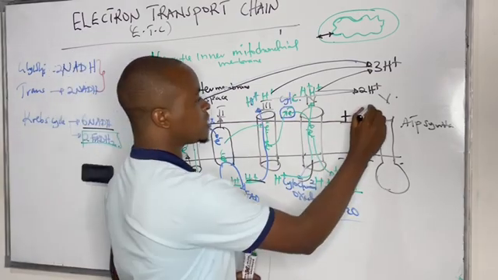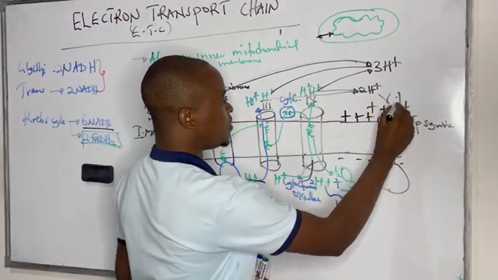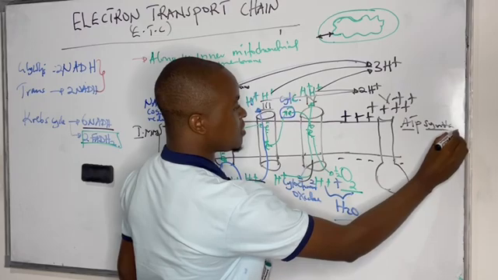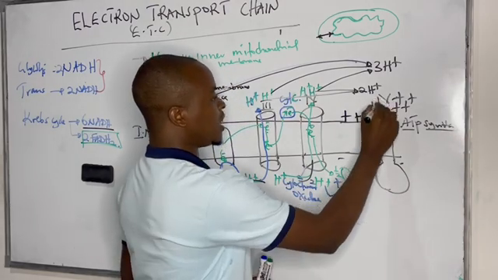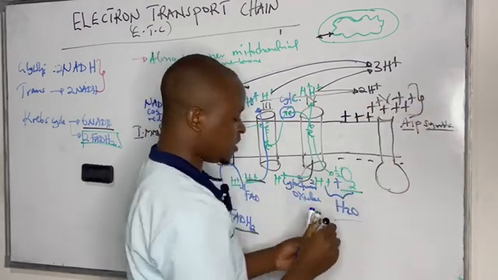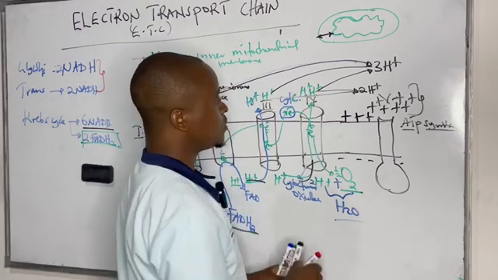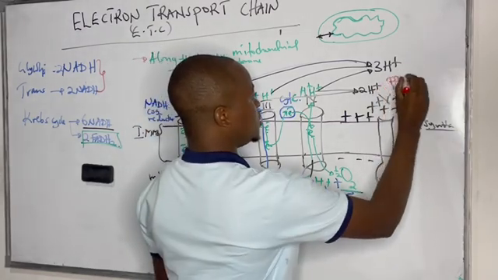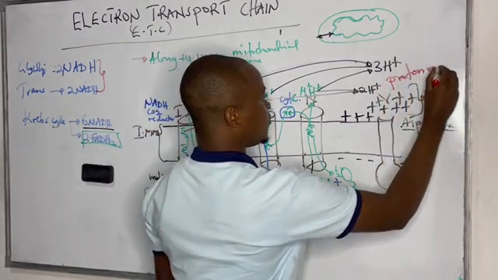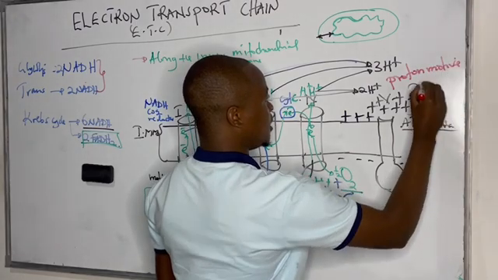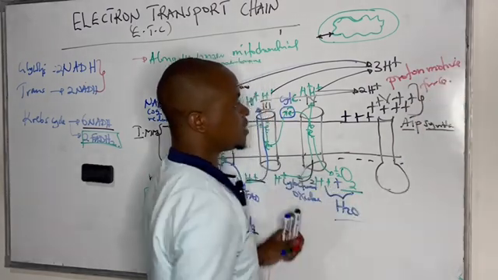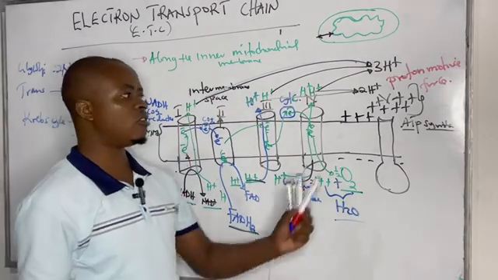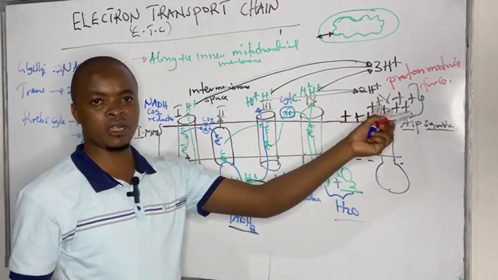And it is these positive charges that converge at complex 5, what we call ATP synthase, that will create a force known as proton motive force. This proton motive force is created by the accumulation of protons in the intermembrane space.